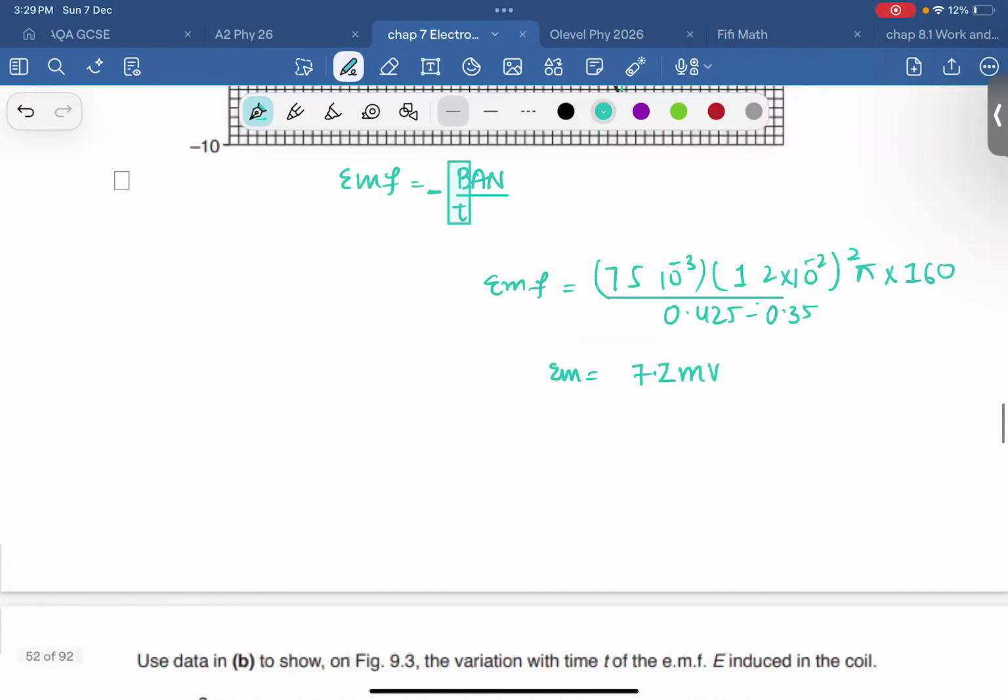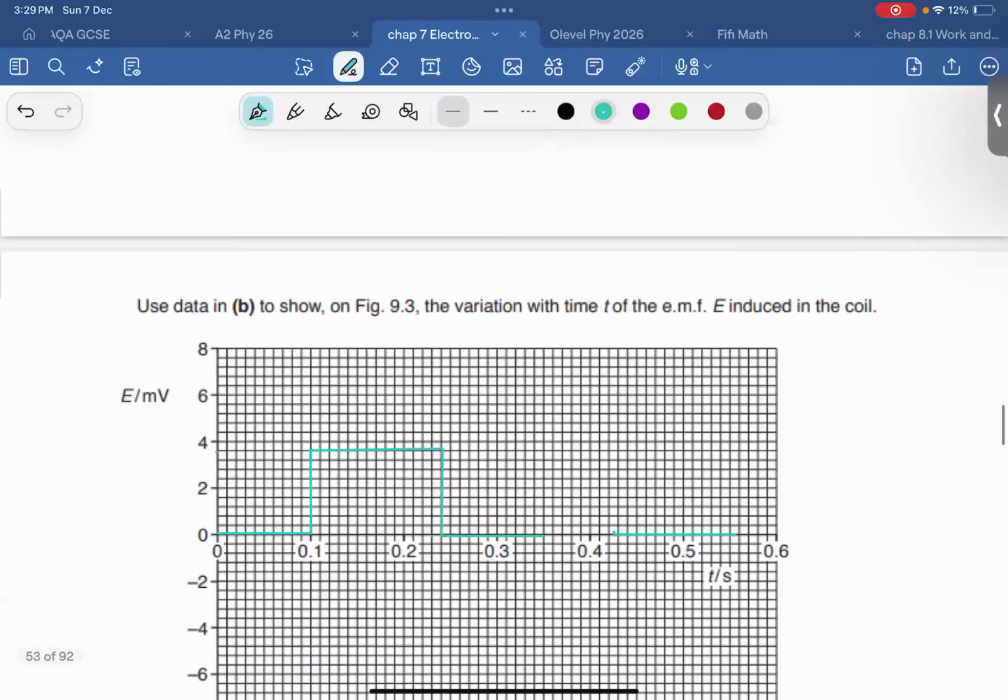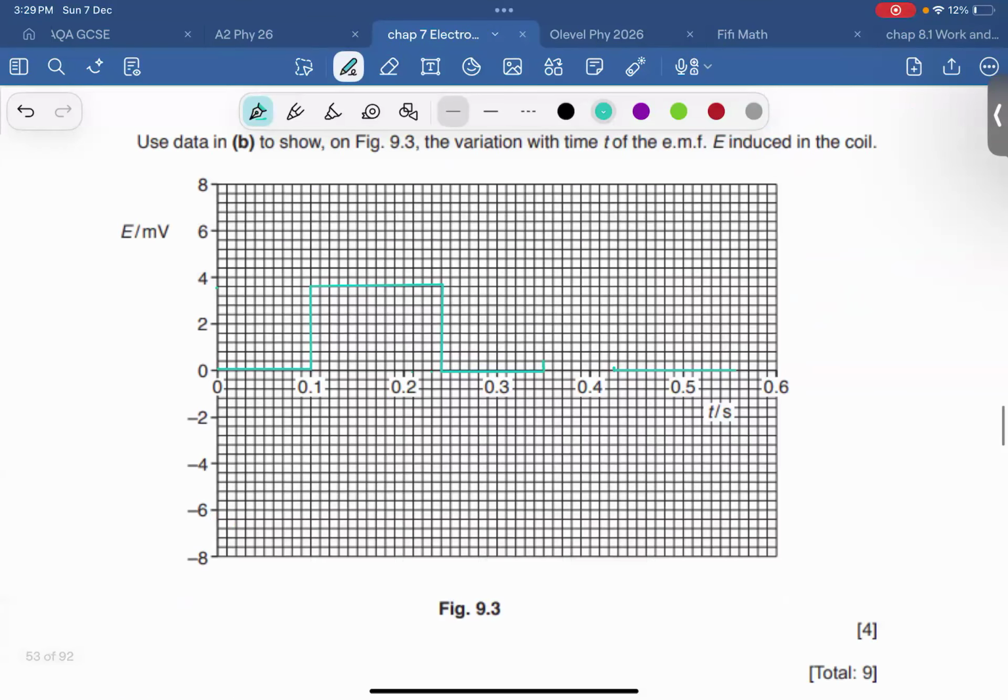Again, the other value would be in between, in the midway. So this is how this graph should be formed.